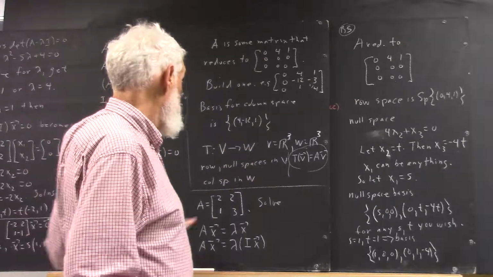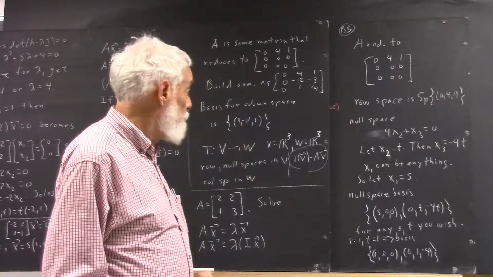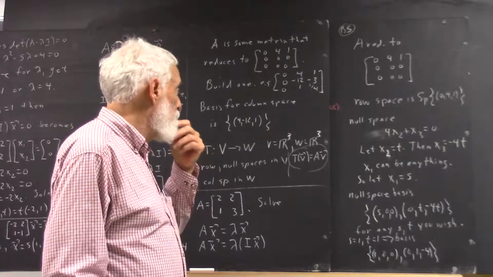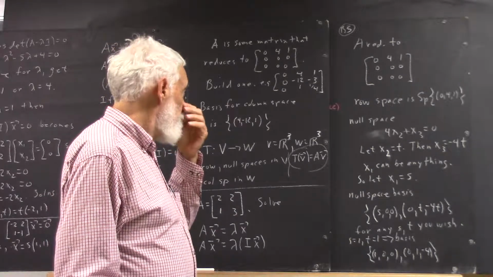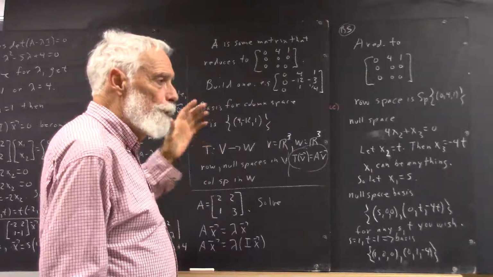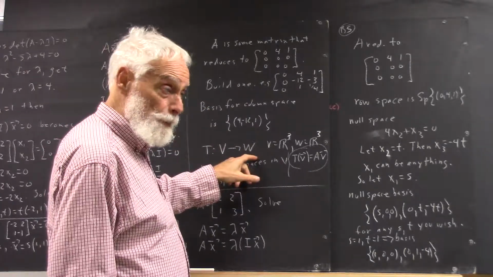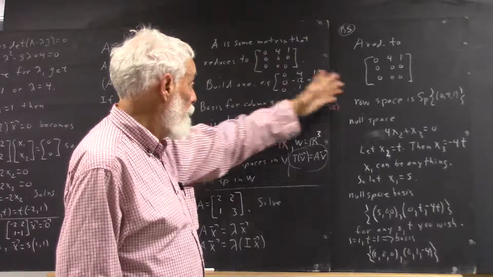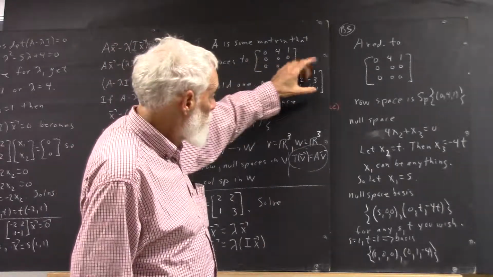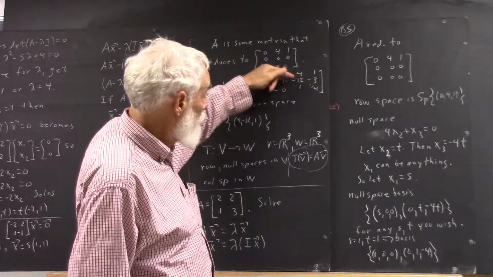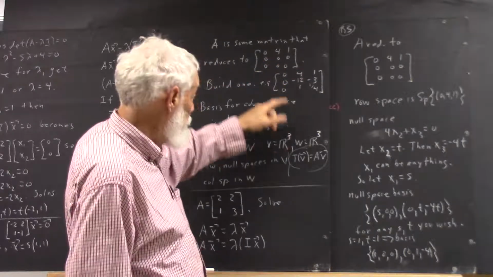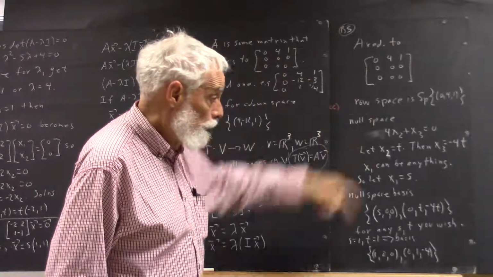And it's clear that this vector has to be in the column space because the column space consists of all the vectors that we get when we transform vectors of V into W. If the transformation is defined by this matrix, if I multiply this matrix by 0, 1, 0, I get 4, negative 12, 1. So 4, negative 12, 1 is in our column space.